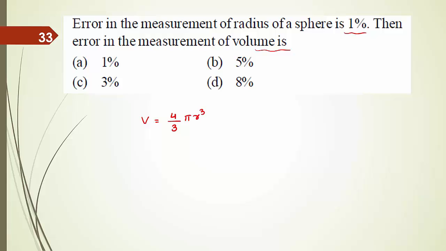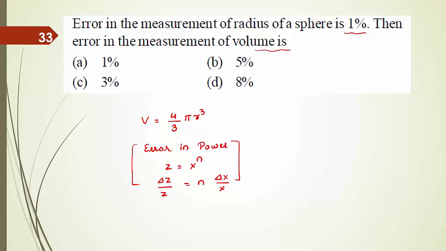Now here you can observe this is error in power, that is z equals x raised to n. In that form we have the equation. So error in power means we can write delta z over z equals n into delta x over x. You have to remember this part to calculate the error in volume.